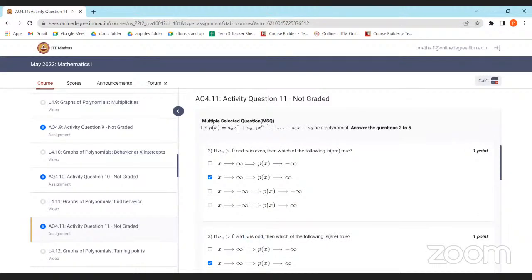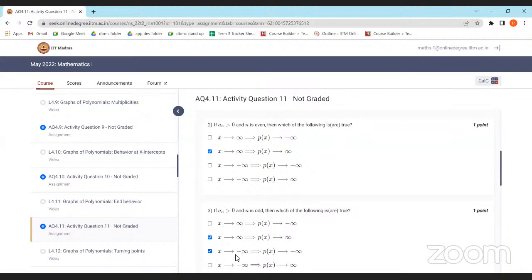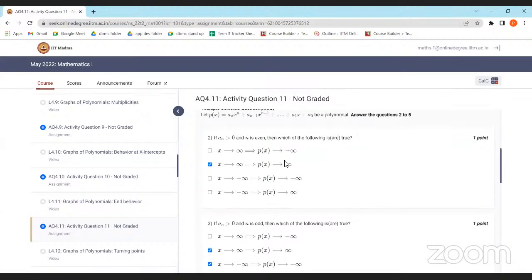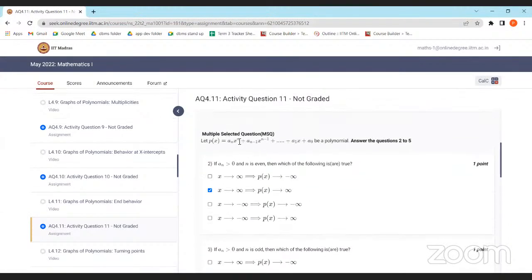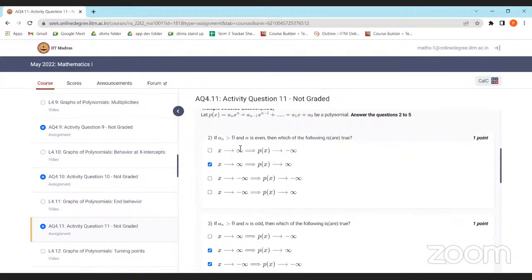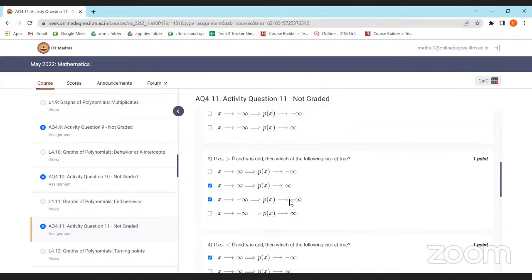Then the opposite will happen. If x tends to infinity, p of x will tend to infinity, but if x tends to minus infinity, say instead of n it is 3, then (-2) cubed will be -8, so the minus sign comes out and it will tend to minus infinity. It is an odd function then.